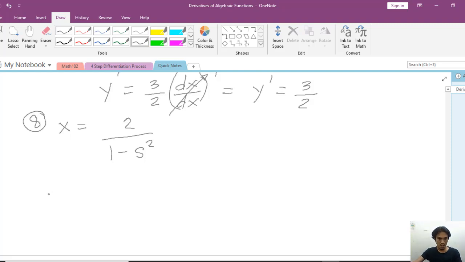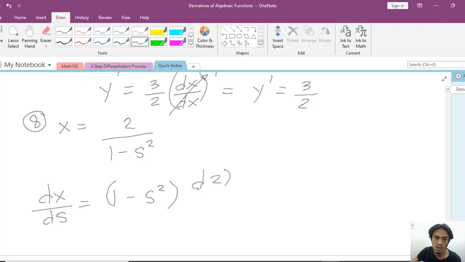Okay, we're looking for the derivative of x with respect to the variable s, and this is equal to, remember this is a quotient, so copy the denominator 1 minus s squared, and then take the derivative of the numerator, that is 2, with respect to s.